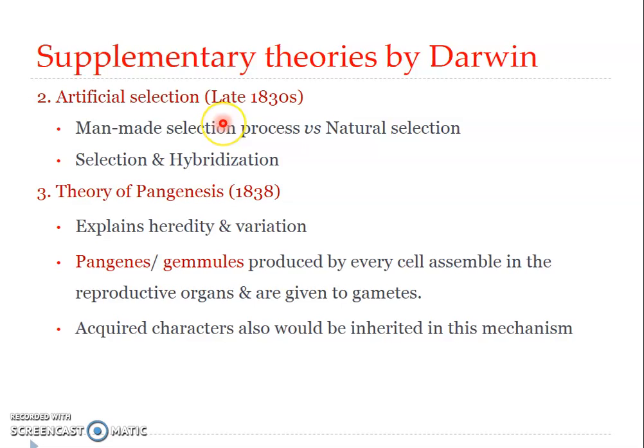So in artificial selection, it is the humans who play the role in the selection process, while in natural selection it is nature which plays the important role. So nature selects animals with favorable characters for their survival, but in artificial selection it is the human that makes the selection.